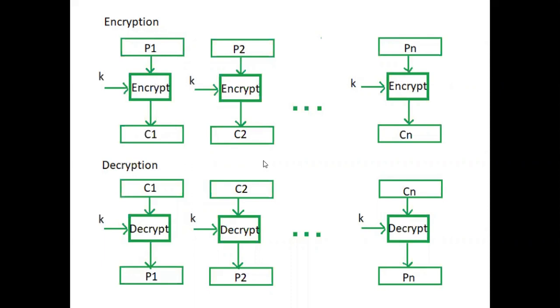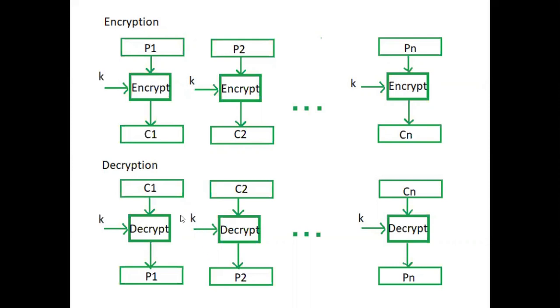For the complete ciphertext, you add the blocks C1, C2, C3 up to Cn. Similarly, the decryption process is in reverse.